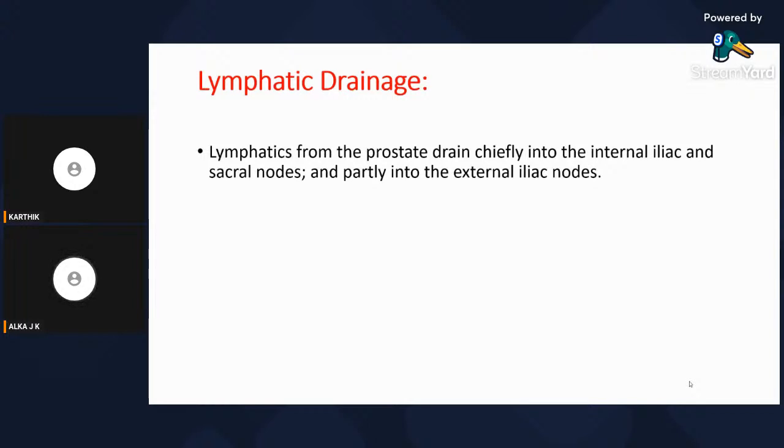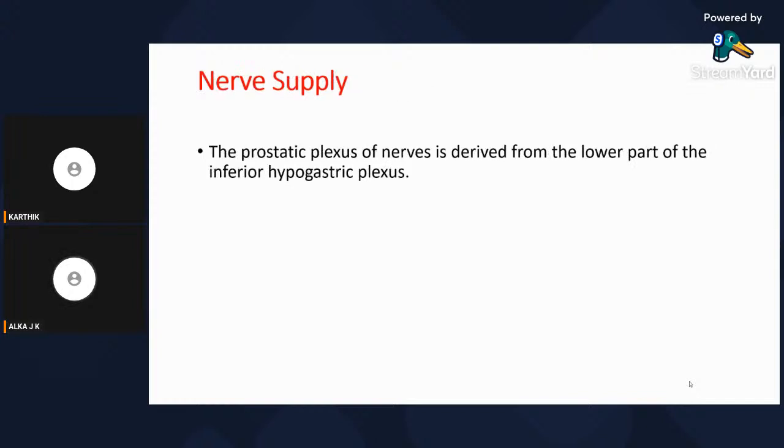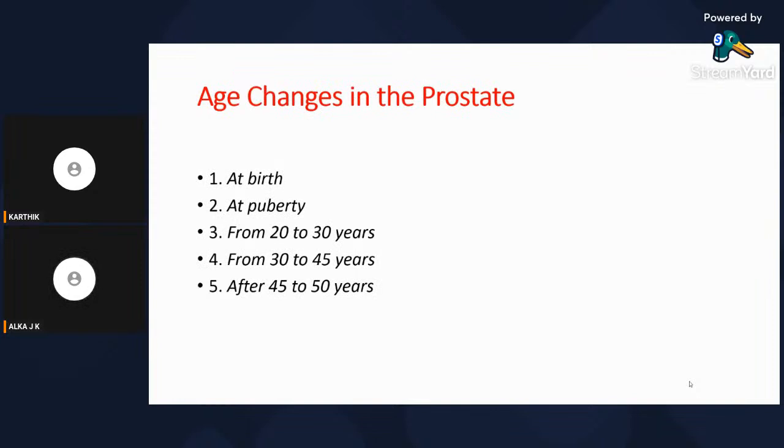Lymphatic drainage from the prostate drains chiefly into internal iliac and sacral lymph nodes, and partly into external iliac nodes. Nerve supply to the prostate is the prostatic nervous plexus, derived from the lower part of the inferior hypogastric plexus.